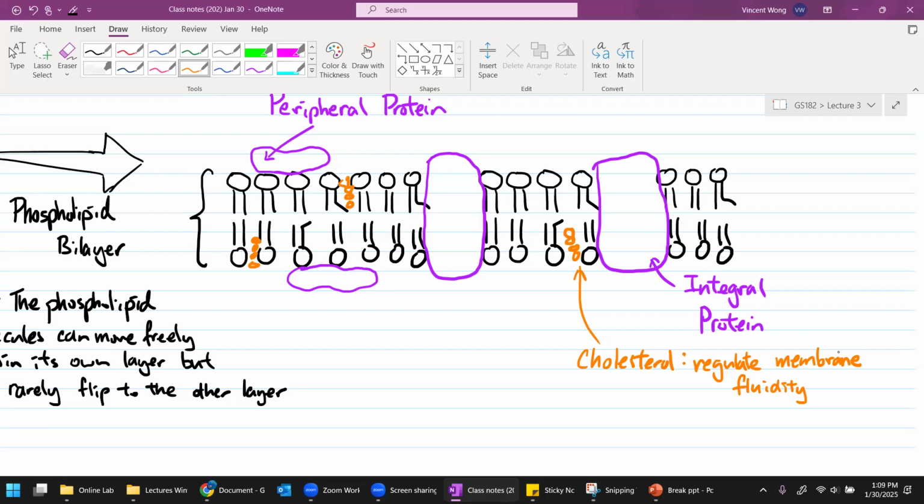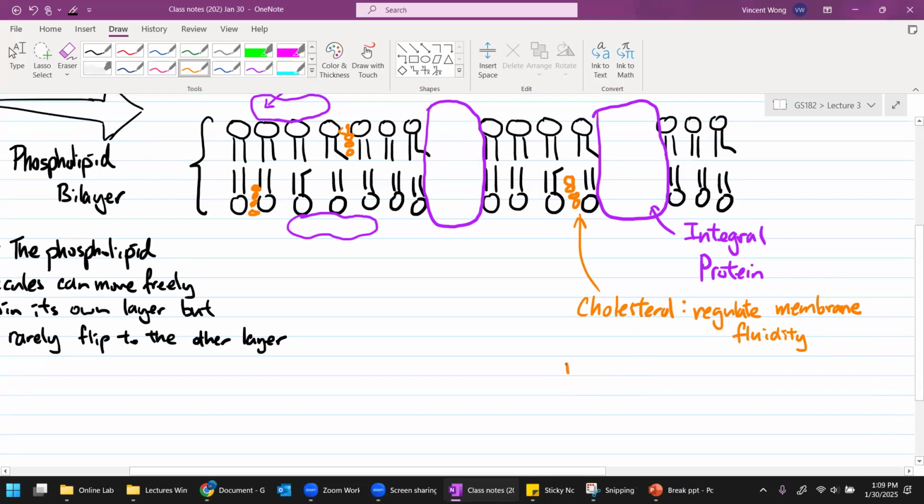So remember, cholesterol keeps these things from sticking together, right? If they don't stick together, then it's going to be more liquid. So by having more cholesterol, it will be more fluid. Do you understand that?